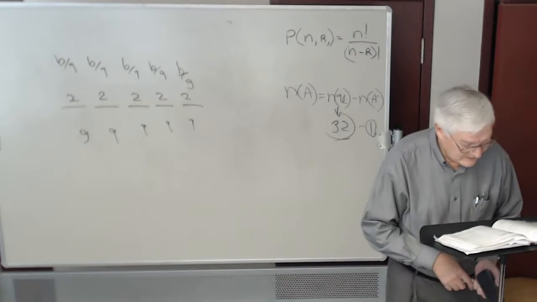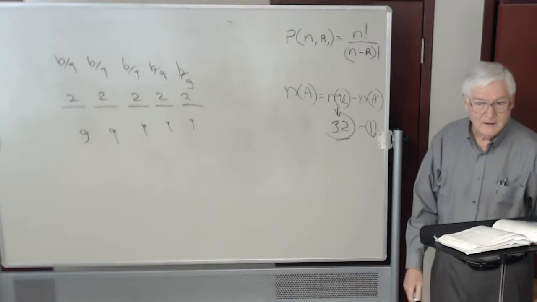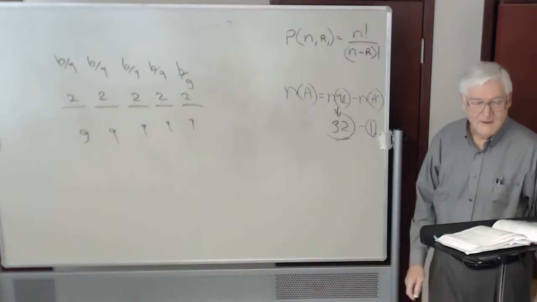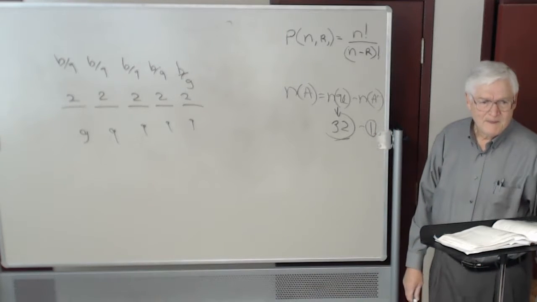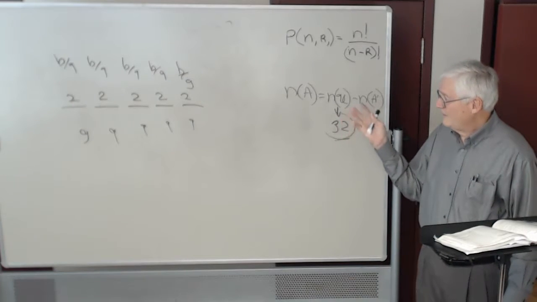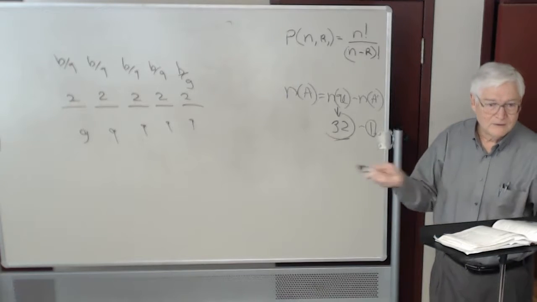So what would that be? 32 minus 1 would be 31 possible ways to have at least one boy. When you see that word at least, then you go, I could have 1, I could have 2, I could have 3, I could have all 5, but the one thing I couldn't have would be all girls.